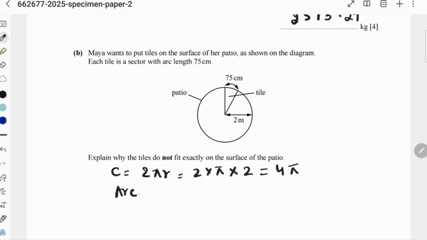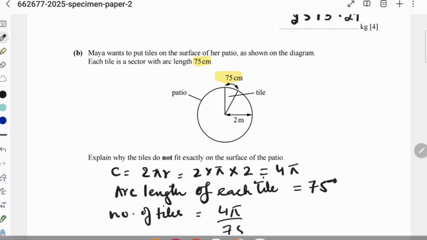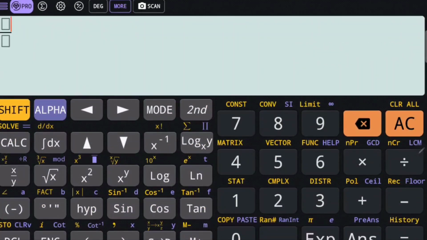So arc length of each tile is given in the question, it is 75. So we can find out the number of tiles will be equals to 4 pi divided by 75.